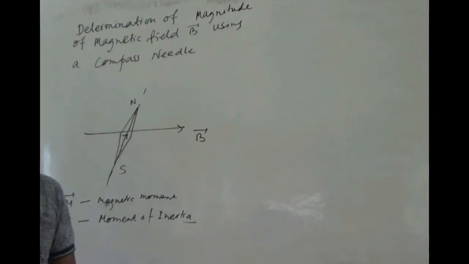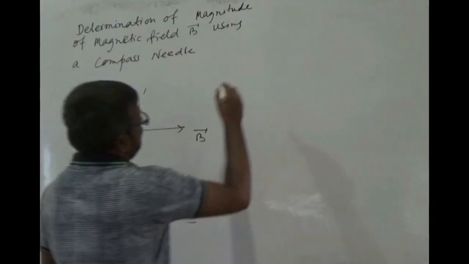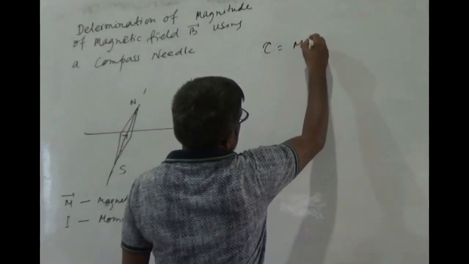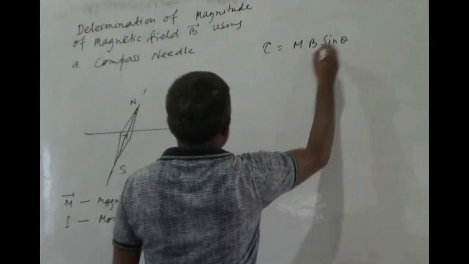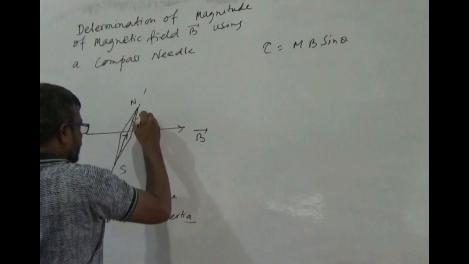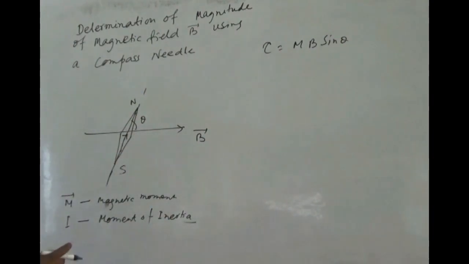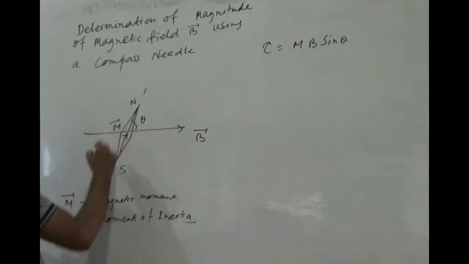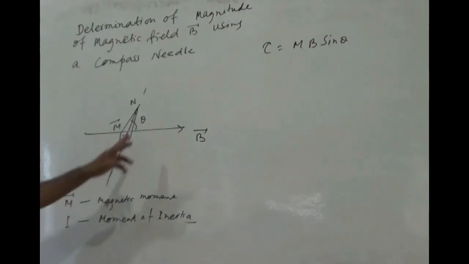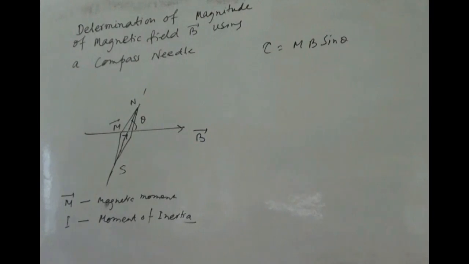The torque acting on the needle, as we have already deduced, is MB sin theta, if at a particular moment M, the magnetic moment, makes an angle theta with the external magnetic field.